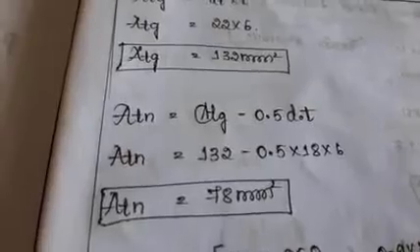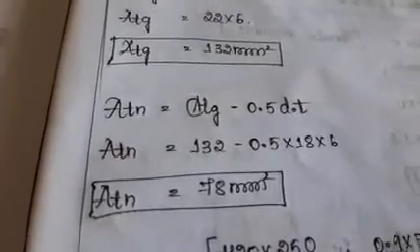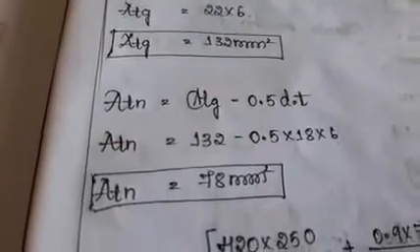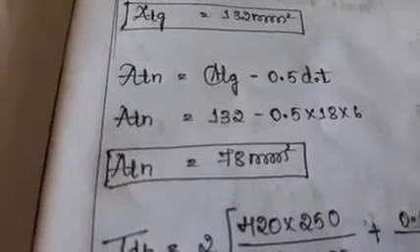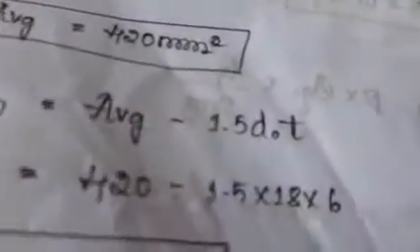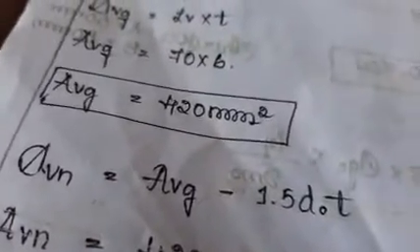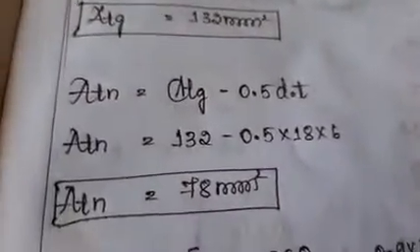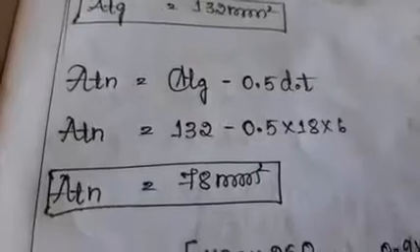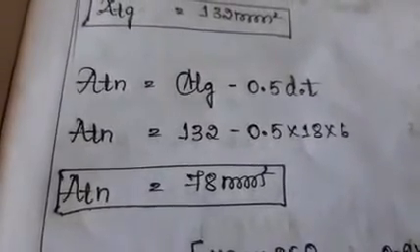What is 0.5? Here you have taken 1.5, so 1.5 plus 0.5 together gives 2 bolts. So with 0.5 d0 into t, your Atn value is 78 mm square.